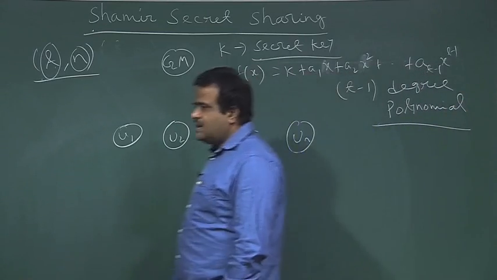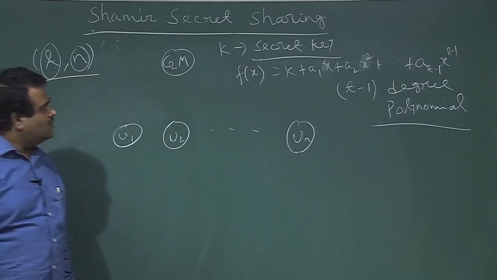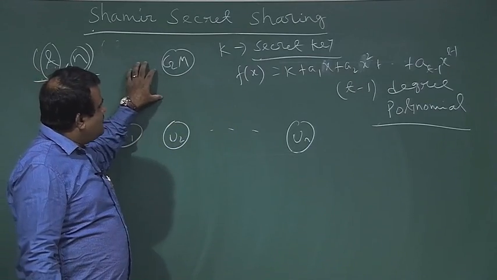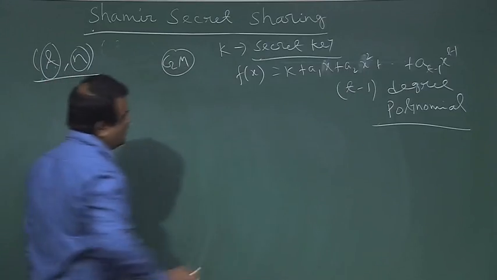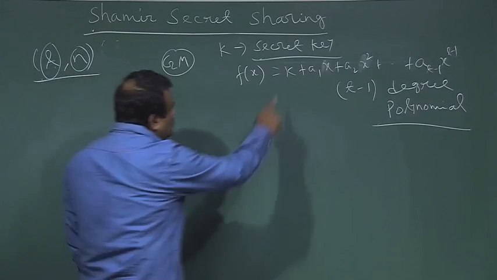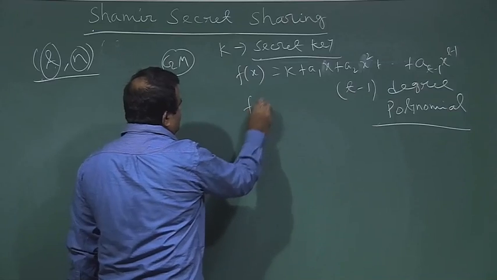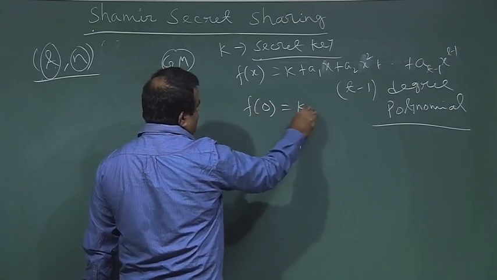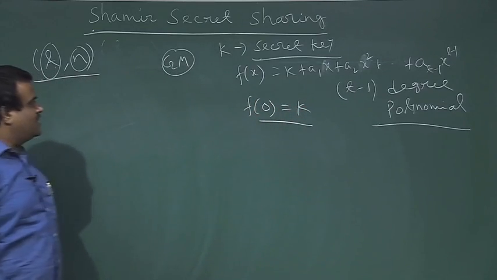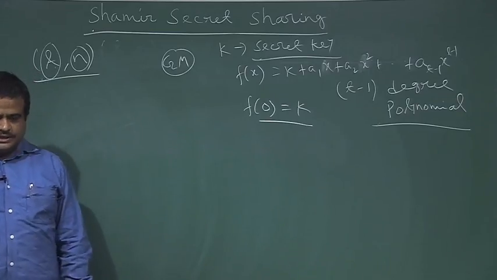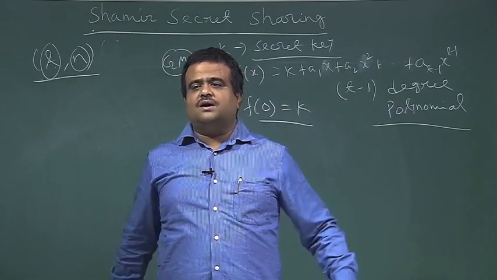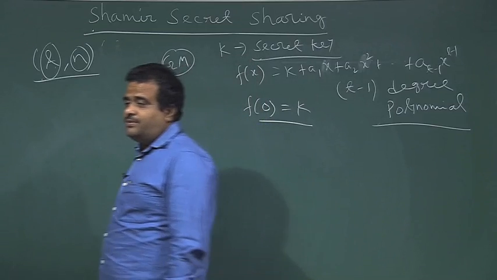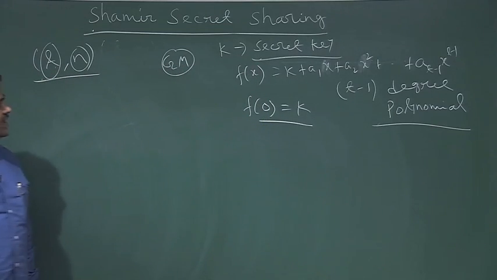So the group manager or the dealer will choose a t minus 1 degree polynomial and put this k as the constant. That means f(0) is basically the secret or the secret key which we are going to share among the n users, so that if t users come together, they should be able to recover this secret.